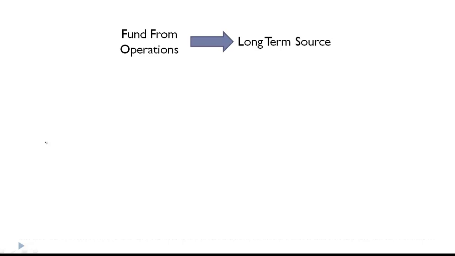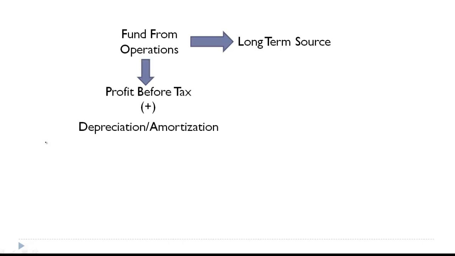So funds from operation is profit before tax added back for depreciation and amortization, being non-cash items, and adjusted for loss on sale of assets or investment, because this loss is associated with long-term use. It is associated with asset movement, not with funding movement, so it is added back here.